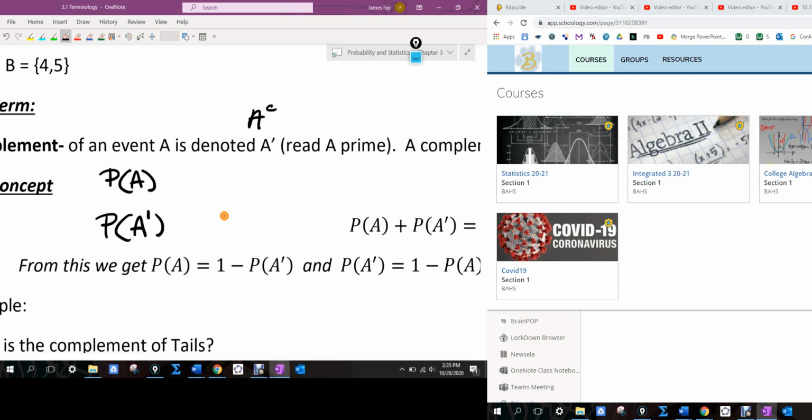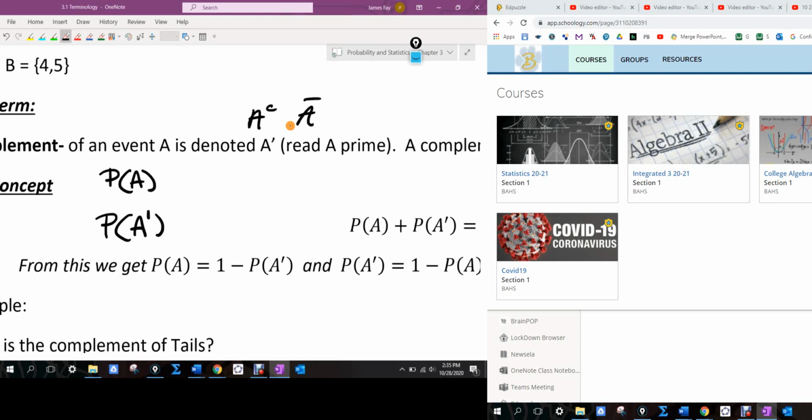Some textbooks will put a bar over the top of A, or whatever the event is, and that's just notation for complement. Our textbooks use A prime, so that's what we're going to focus on mostly. But if I find a YouTube video and post it for you to watch, and they use A bar, my hope is that you make the connection.